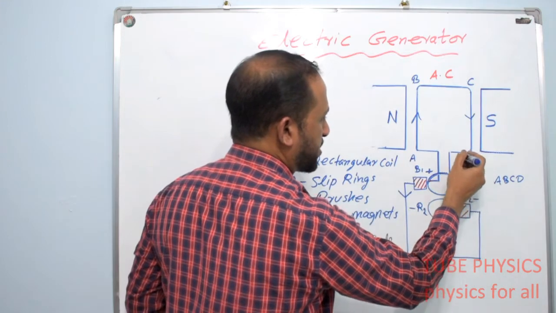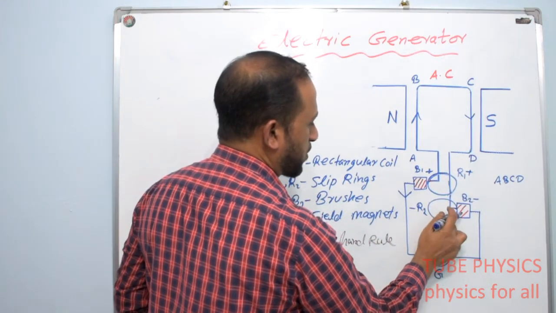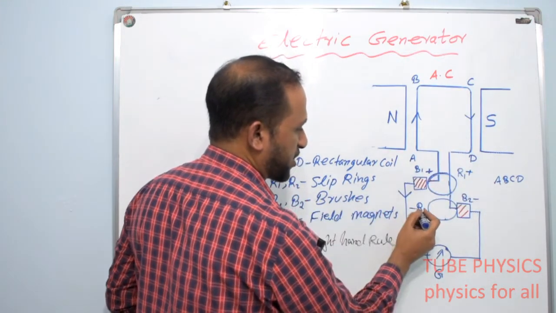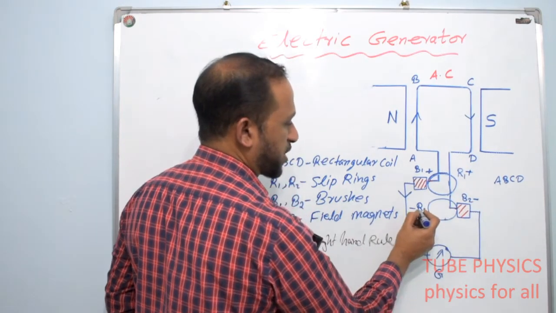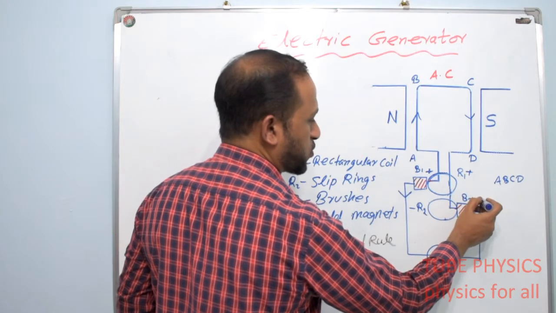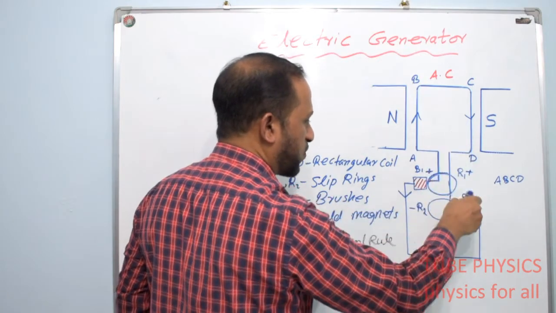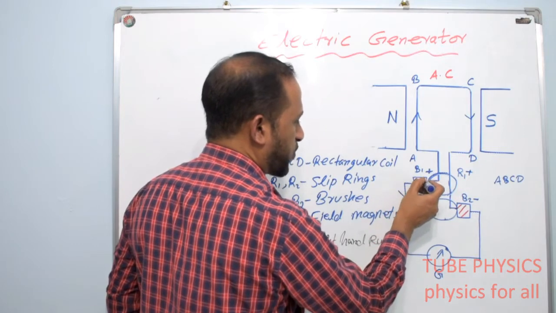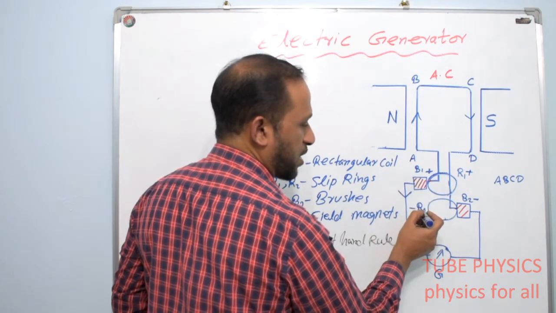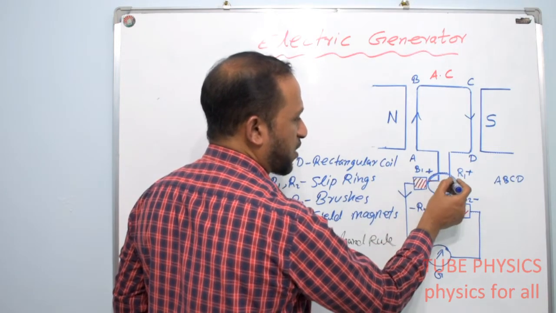So that side CD is connected with the ring R2. So I am taking the downward direction of current as negative. So the brush B2 I can take negative. So ring R2 is negative and the brush B2 also negative, and the current is flowing in the downward direction. So we can see here in the external circuit from positive to negative, the ring R2 is negative, ring R1 is positive.